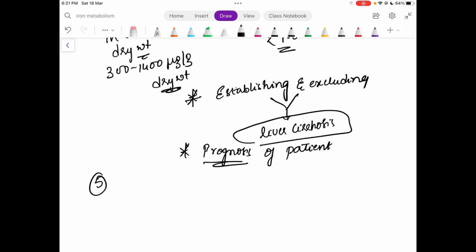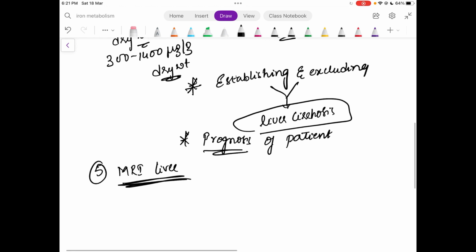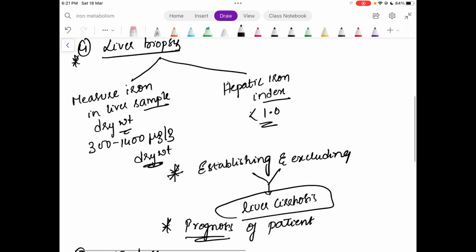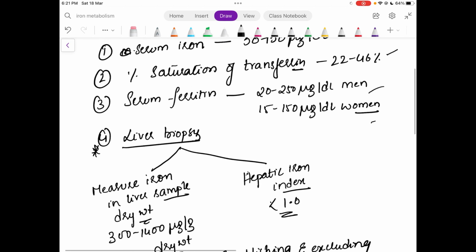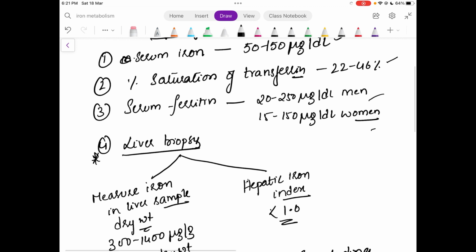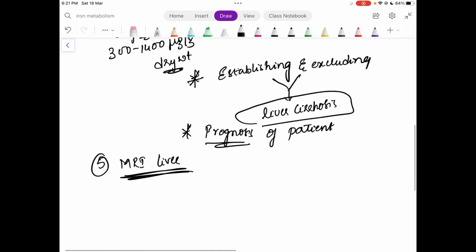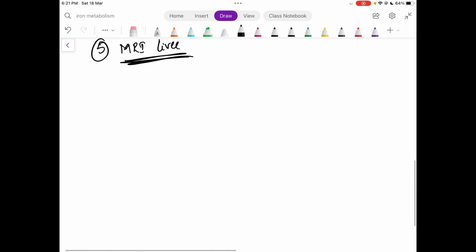One more test which helps in identifying liver iron stores is MRI. After finding out whether any value has increased above the upper limit, we have to check for hemochromatosis in the patient. Any value greater than the normal value, we have to screen for hemochromatosis.